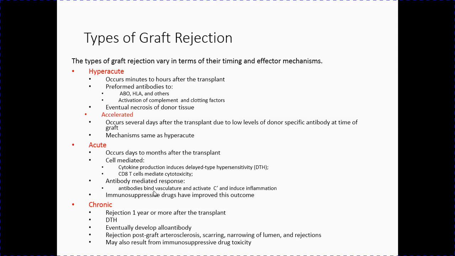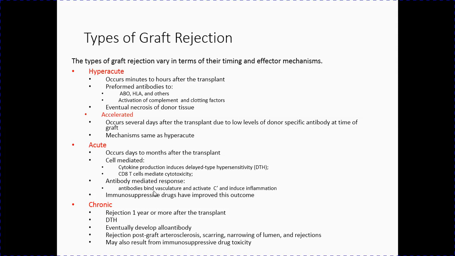It ends up causing damage to the vasculature, arteriosclerosis, and some scarring that narrows the lumen, the central area of the vasculature where the blood flows, and rejections follow. We can also see chronic graft rejections with particular immunosuppressive drug therapies that can cause a damaging response where the tissue ends up dying as well.